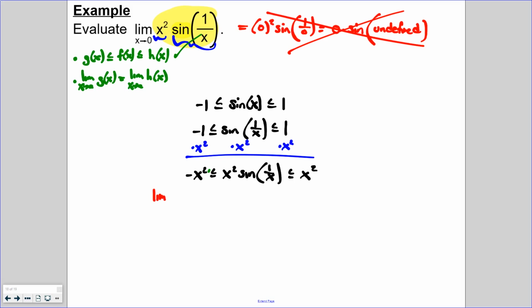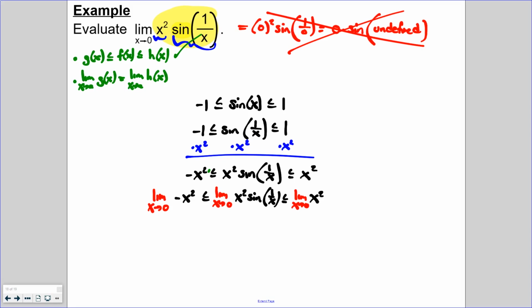So we're going to have the limit as x approaches 0 of negative x squared is less than or equal to the limit as x approaches 0 of x squared sine of 1 over x is less than or equal to the limit as x approaches 0 of x squared.